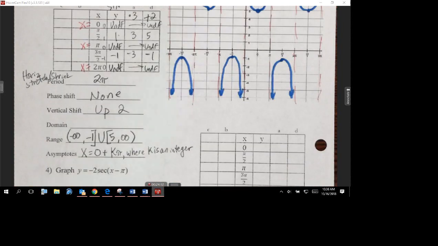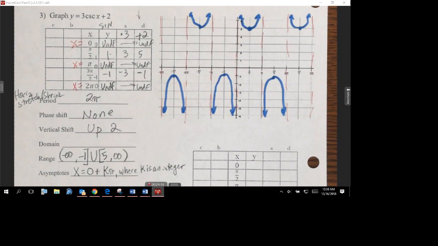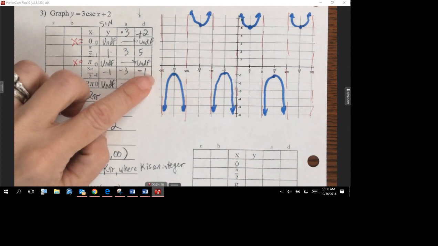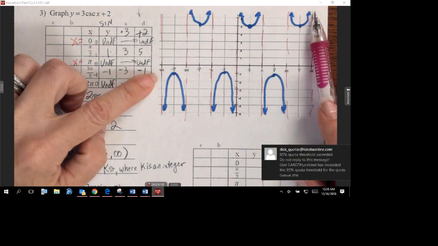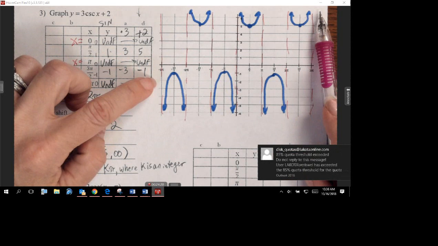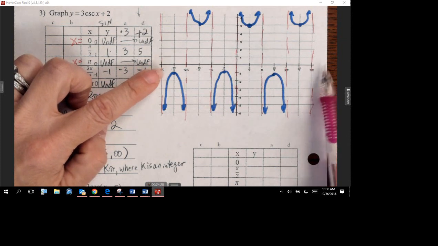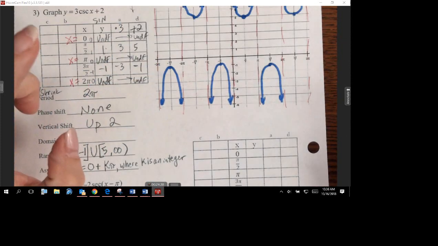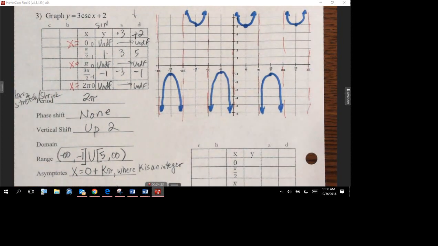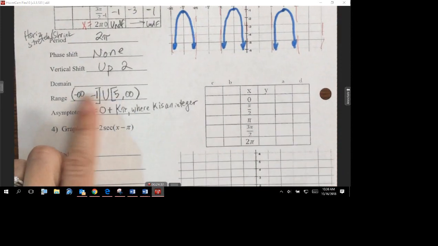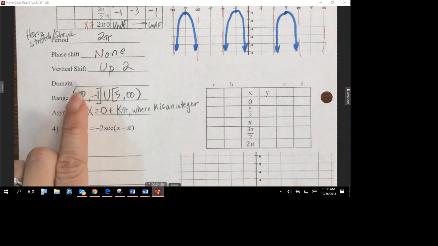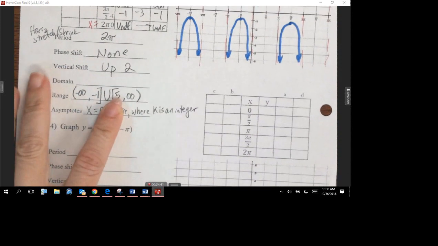All right, domain. How far to the left and how far to the right? Does it go past 3 pi? So how far to the left and how far to the right? Okay, so it goes forever, but does it hit every single x value? No. Okay, so then if we're going to do interval notation, we need to have an interval for each piece.